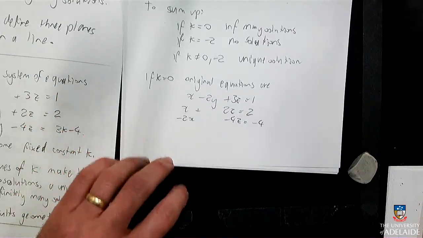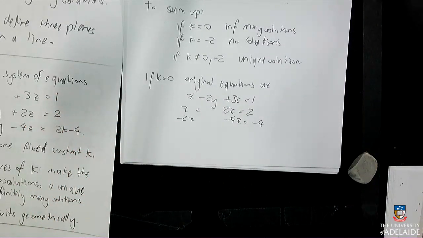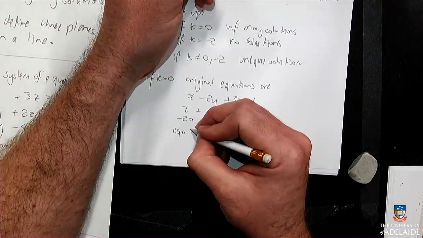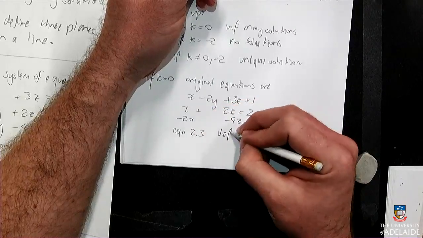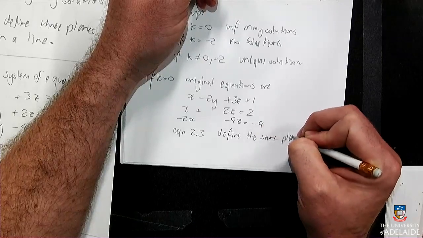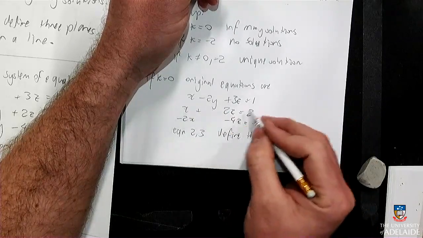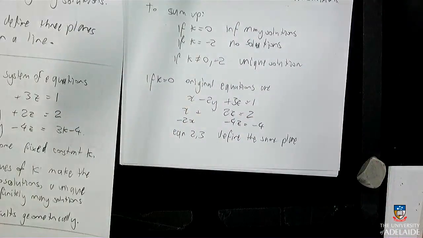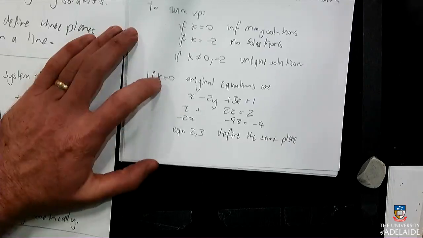Oh, interesting. They're not parallel. They're the same equation. So equation 2 and 3 define the same plane. Since everything is the same multiple, this is minus 2 times that, this is minus 2 times that, this is minus 2 times that, they're actually the same equation. They define the same plane, and so we get infinitely many solutions because it's really two planes meeting in a line.